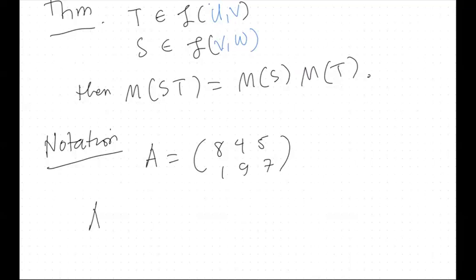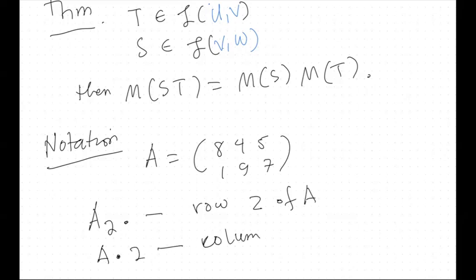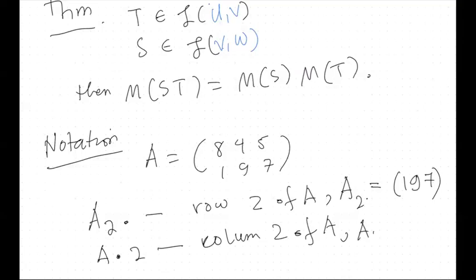We write A2 dot; this is row 2 of A, and then A dot 2 is column 2 of our matrix A. In this case, A2 dot is just 1, 9, 7, and A dot 2 is equal to 4, 9.